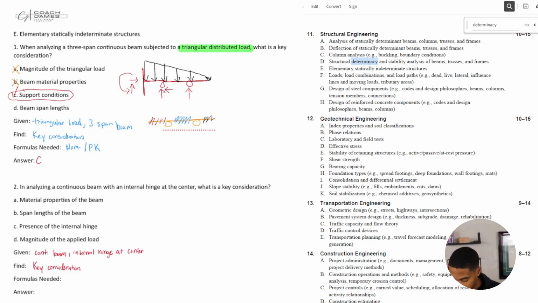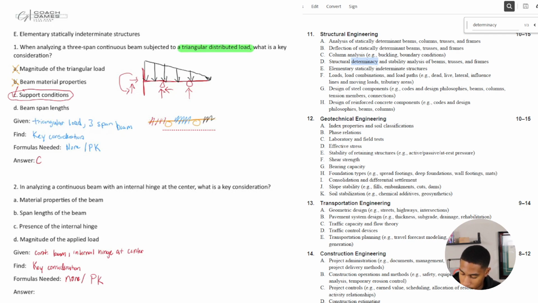Okay. So what formulas might we need? Say none. It's another prior knowledge question. All right. So if you have a hinge at the center, what does that look like?